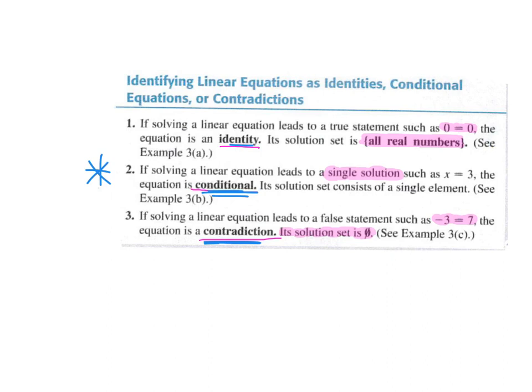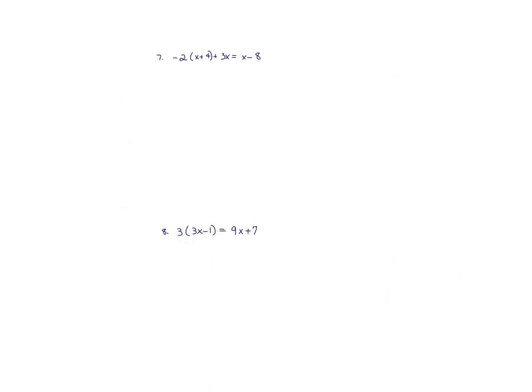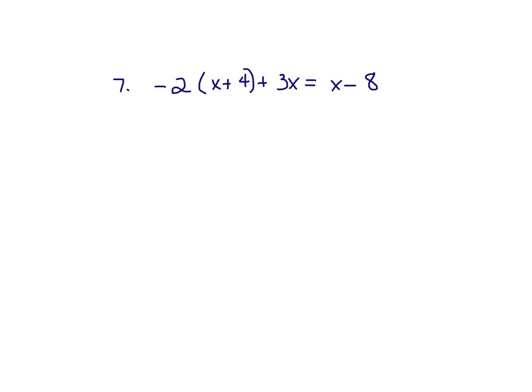And then a contradiction is the empty set or no solution. And we're going to go ahead and solve our next few examples, and then we're going to see the two situations of all real numbers and no solution. So we're going to go ahead and solve number 7.